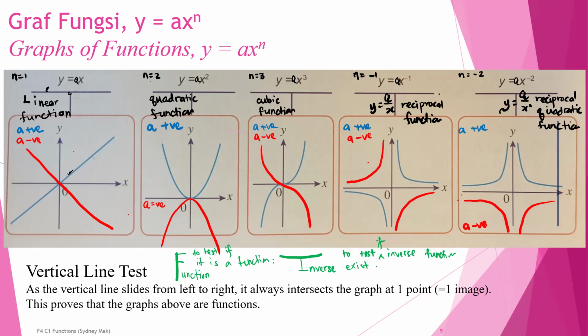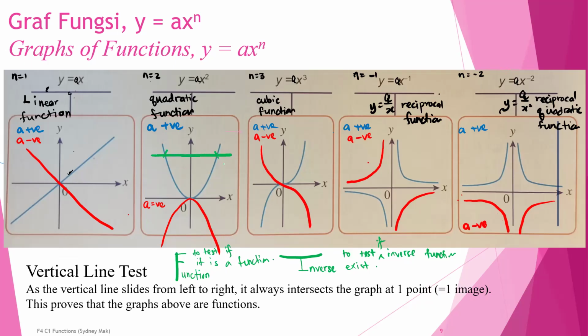Okay? So you see, if I draw the vertical line and the horizontal line, you notice that maybe the linear function, as you glide down, it only cuts at one point. So this linear function has an inverse. But the quadratic function, if I draw a horizontal line, it cuts at 2 points. That shows what, you know?